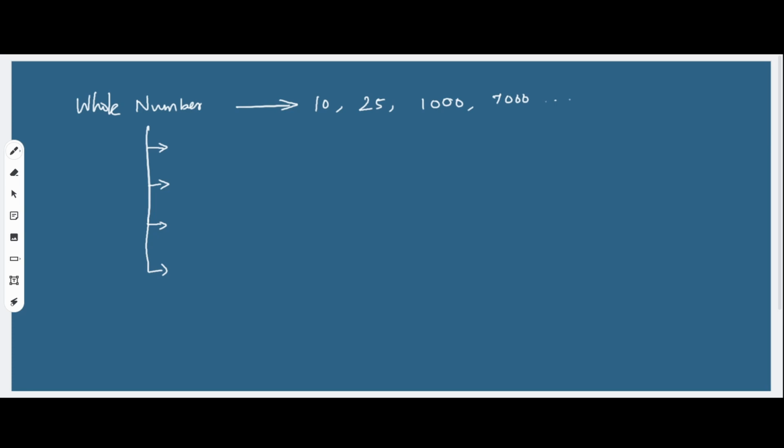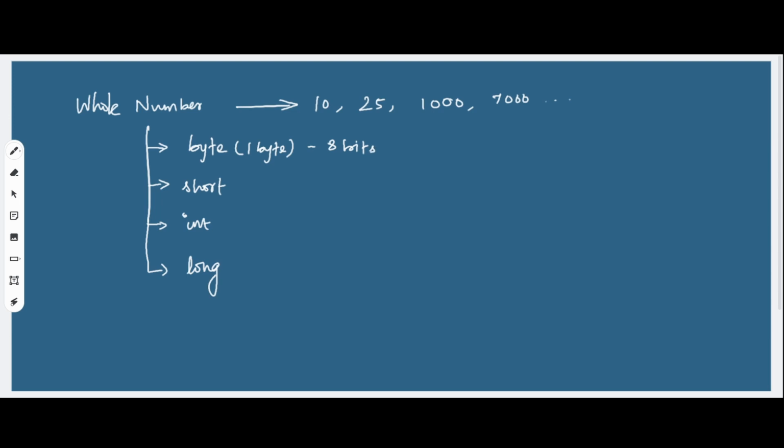The first one is byte, the second is short, the third is integer, and the fourth is long. All these 4 data types vary based on their memory. If it is a byte, it takes 1 byte of memory, which is equivalent to 8 bits.